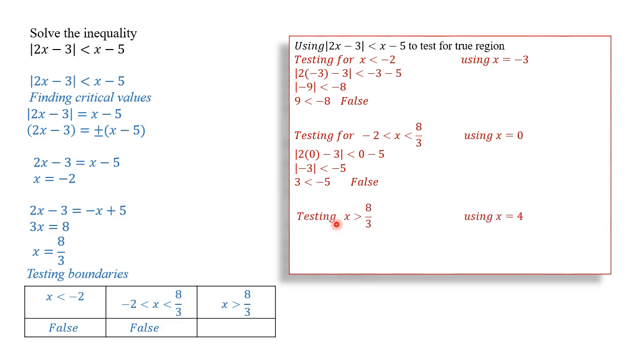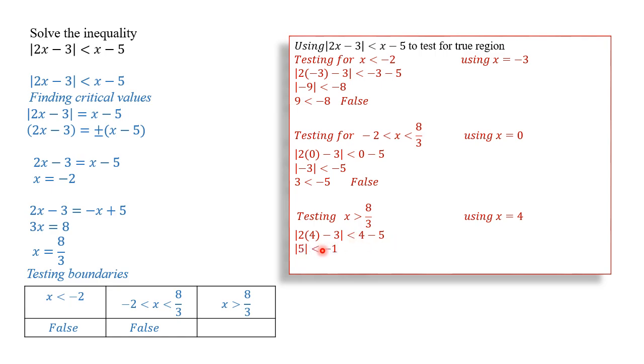Alright, so now we are testing for the last region. We are testing for x greater than 8/3 using x equals 4. Any number that is greater than 8/3 can be applied here. You can use 6, you can use 10, any number. In this case, we are using 4. So we take our 4. You can see it's modulus of 2 times 4 minus 3 less than 4 minus 5.